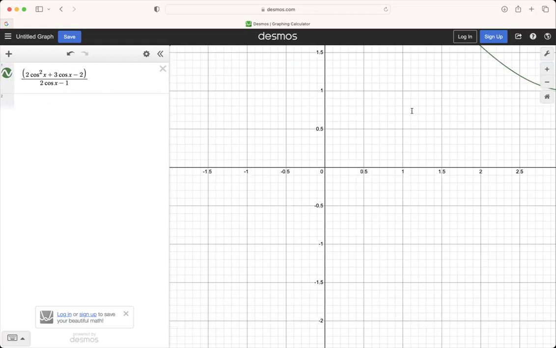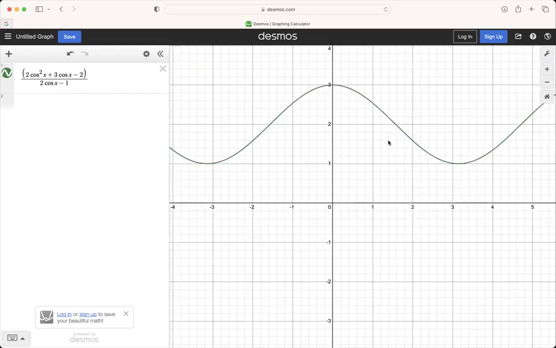So let us take a look at the behavior of this function. As you can see, the function simplifies into cosine of x plus 2, right?